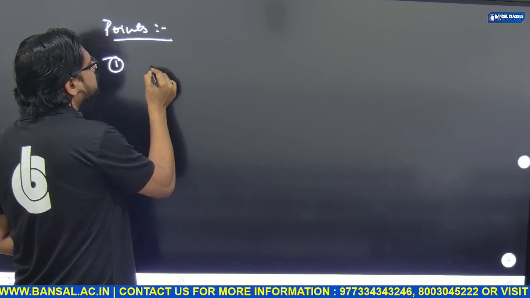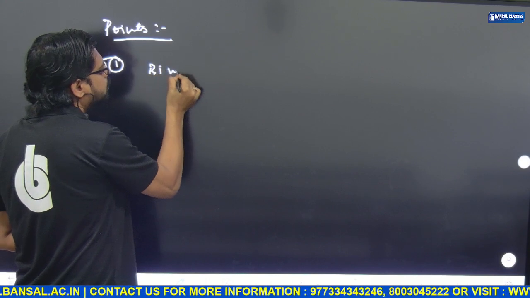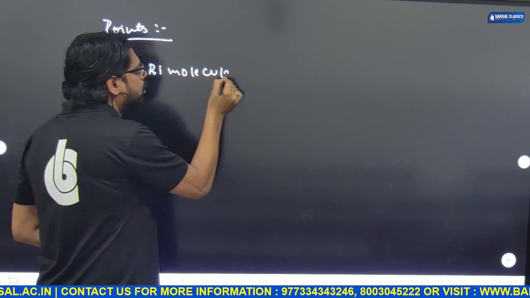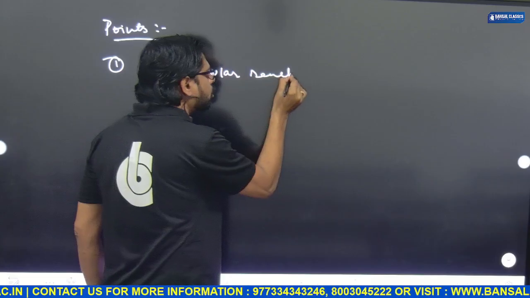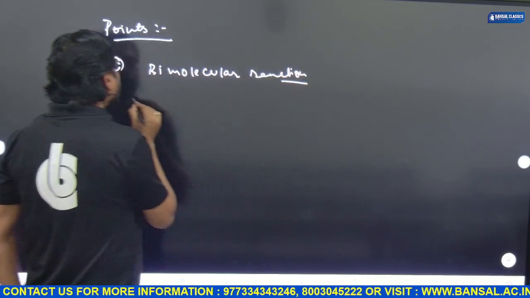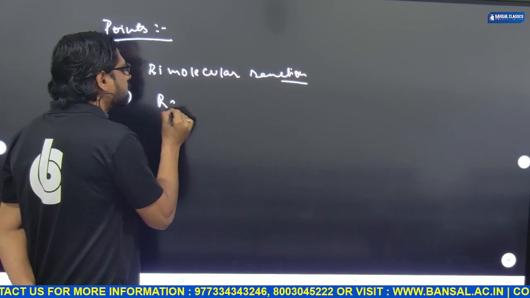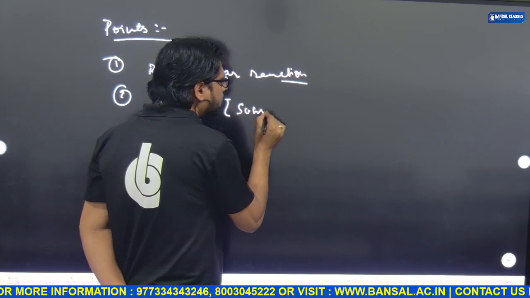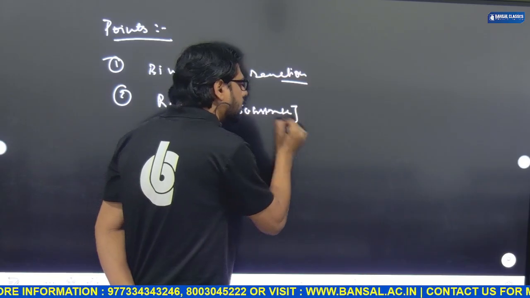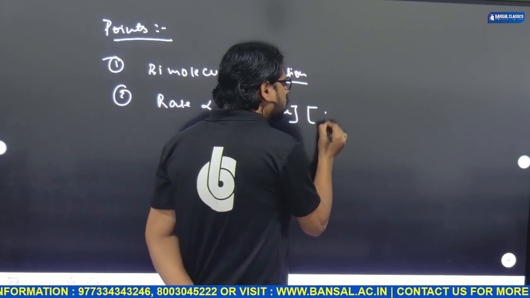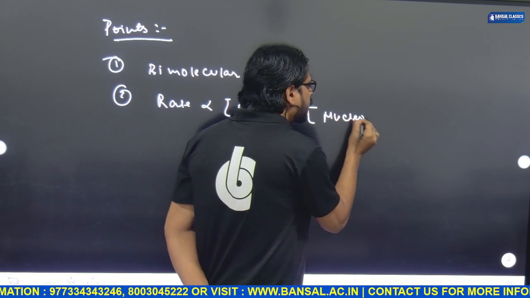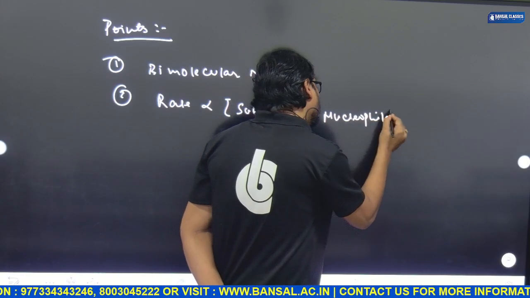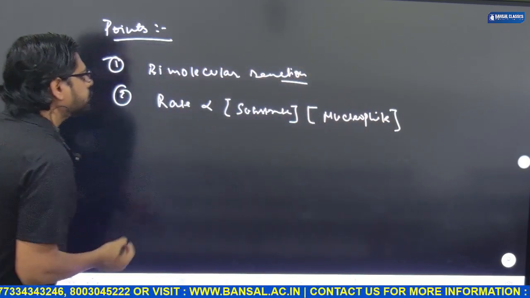So we can say that it is a bimolecular reaction. Second, we can also say that the rate will be directly proportional to the substrate. What is the substrate here? Exactly, the alkyl halide is the substrate, and the rate also depends on the nucleophile. Now, the third point.